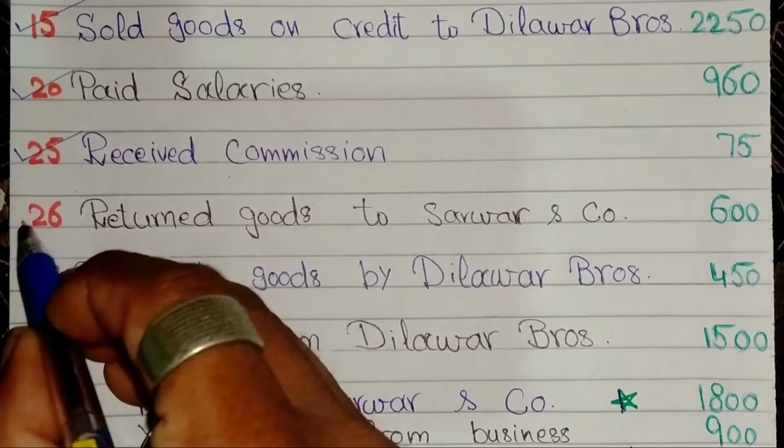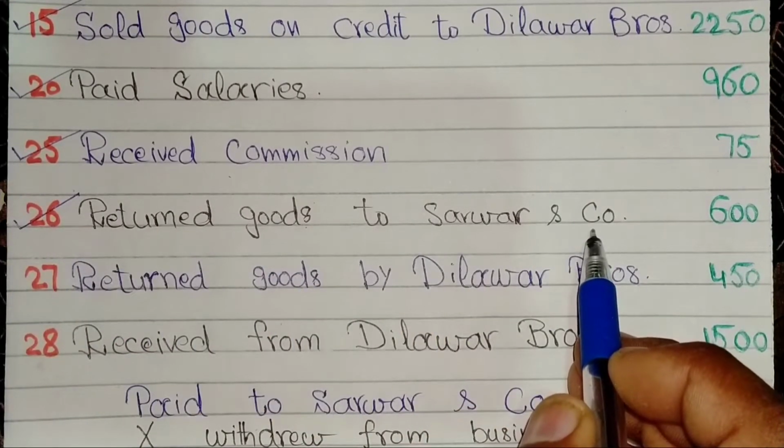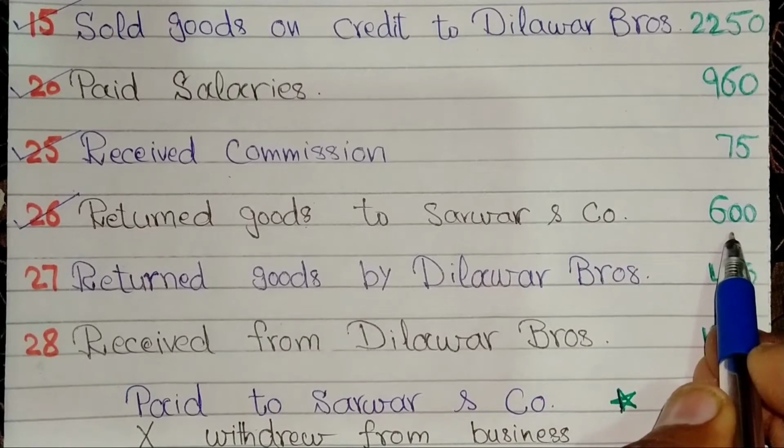Next transaction is returned goods to Server and Company amounted $600.